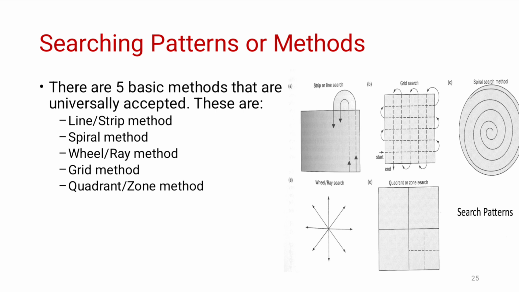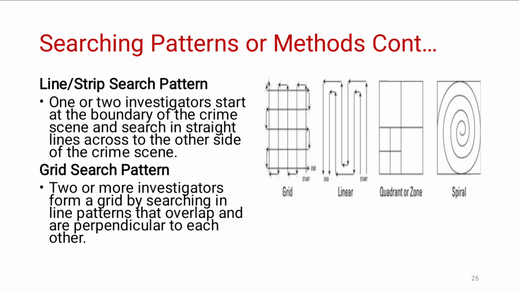The other one is showing the grid method, whereby the crime scene is imaginarily divided into grid form, and you move as if in a spiral, but then you repeat and do it across. Then there is the spiral method, where you go in concentric circles.